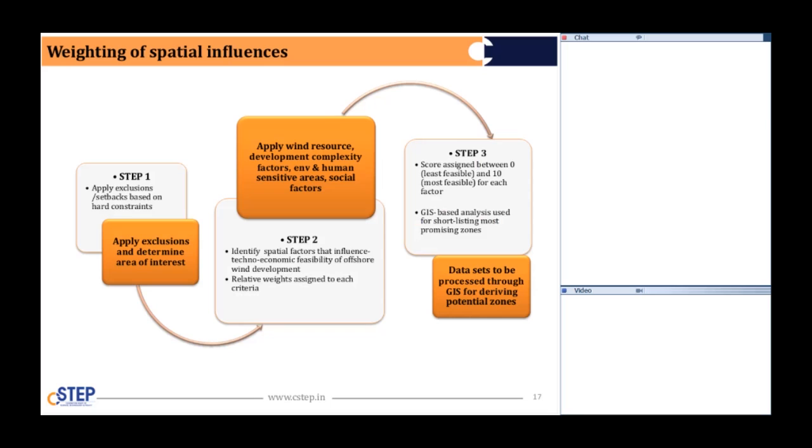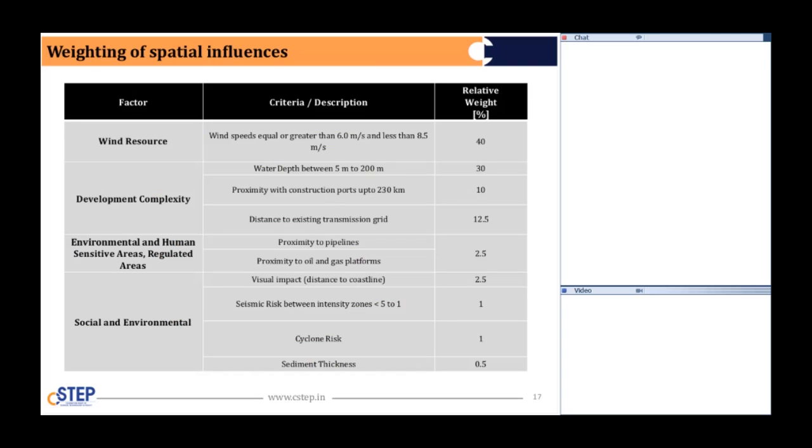So in this entire process of assigning weights to all these constraints, that was step 1. Step 2 was to help DNVGL compile all the numerous GIS layers and run the simulation models to finally generate the best suitable zones. While DNV conducted this analysis, they assigned weights, and as you can see in the weightage methodology, they gave the maximum importance to wind resource at 40%.